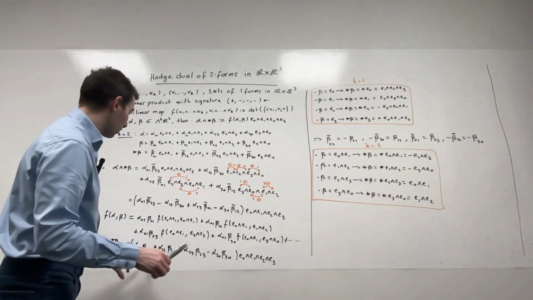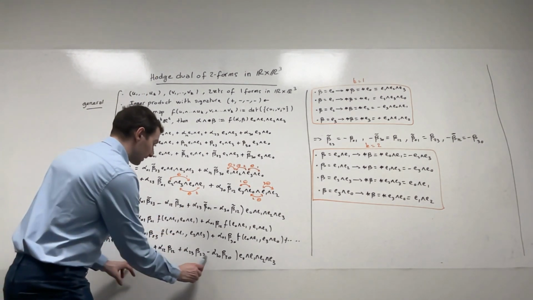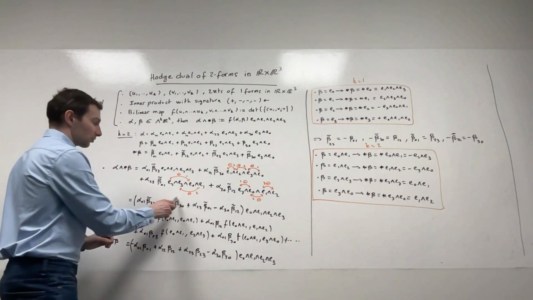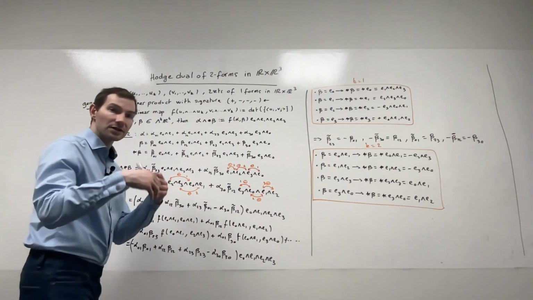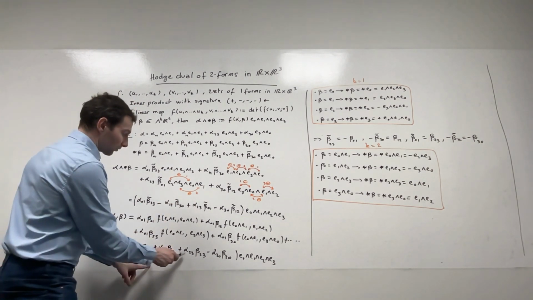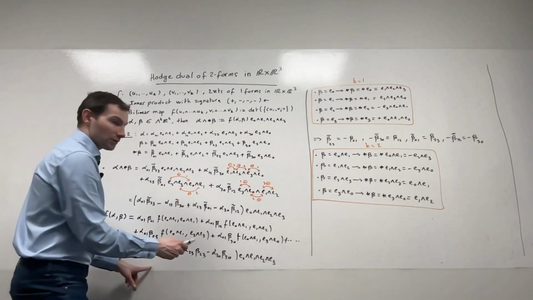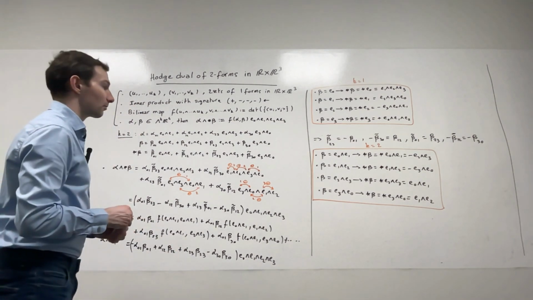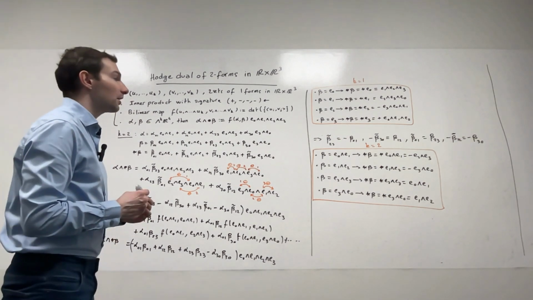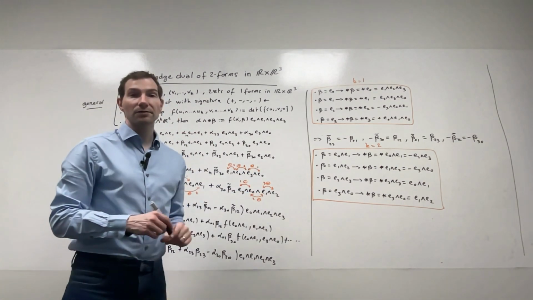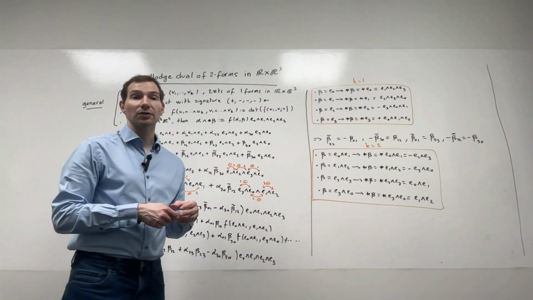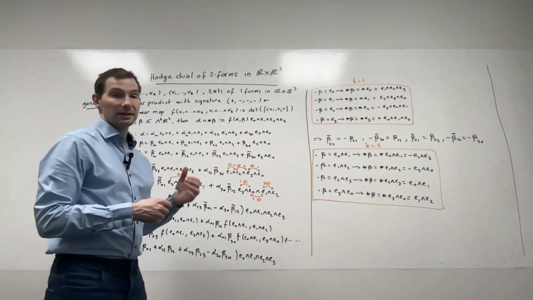But the point is that you compare that to that, so that you can make an identification between beta tilde, the components of the Hodge dual, and the components of the initial form, or k-form or k-vector you're looking at. Okay, so that's it for this one. And in the next video, we are going to look at the case k is equal to 3.